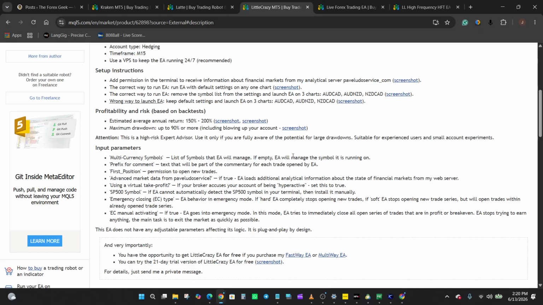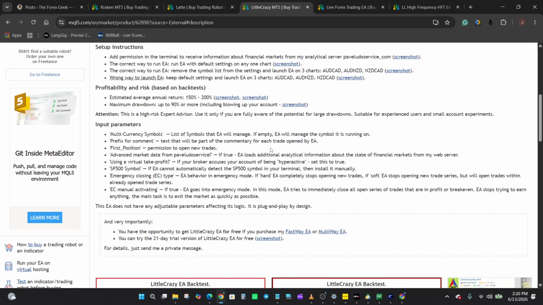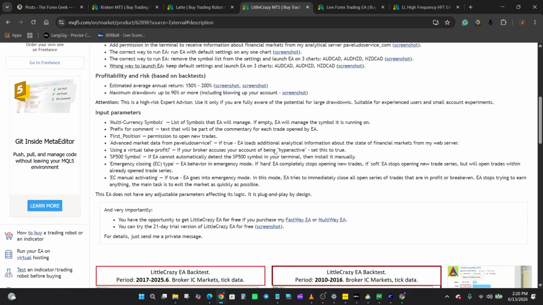Now, most of the available settings focus on operational control rather than strategy customization. For example, traders can define which symbols the EA manages, customize trade comments, enable or disable new position opening, and choose whether the EA should load additional analytical information from the developer's server.